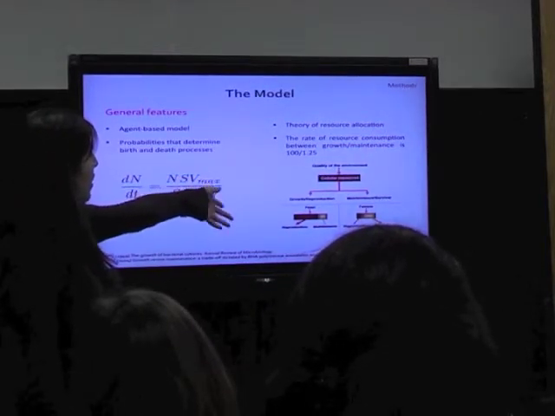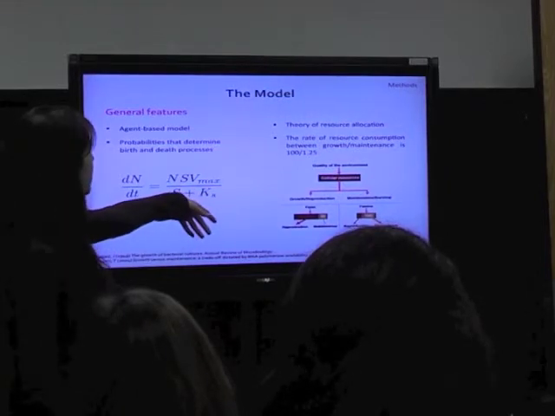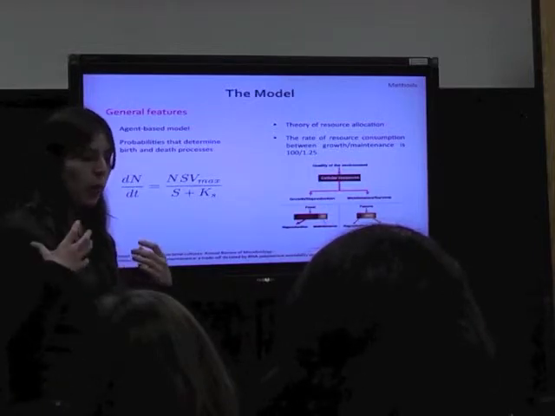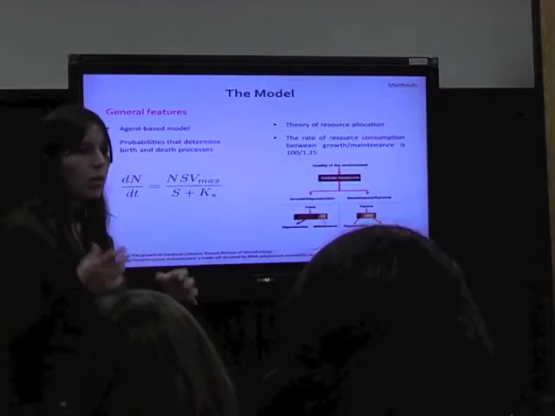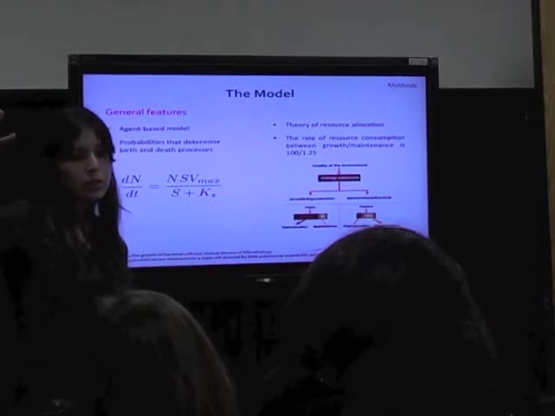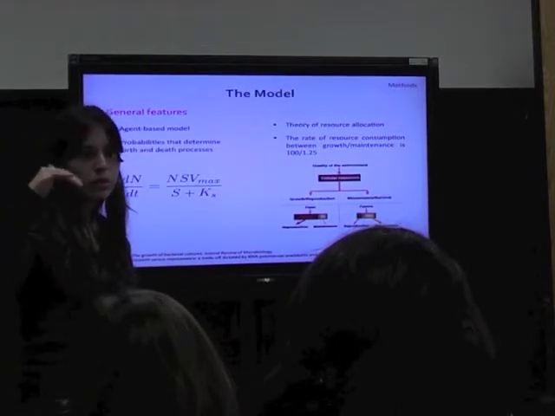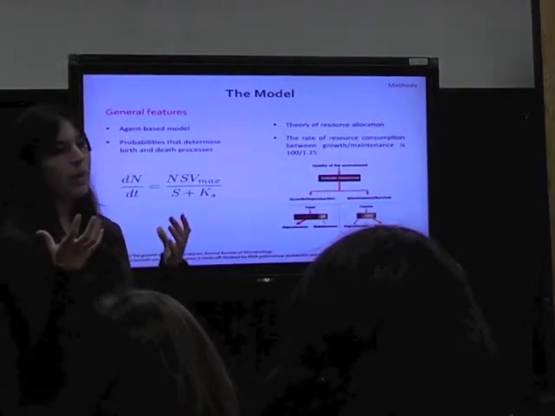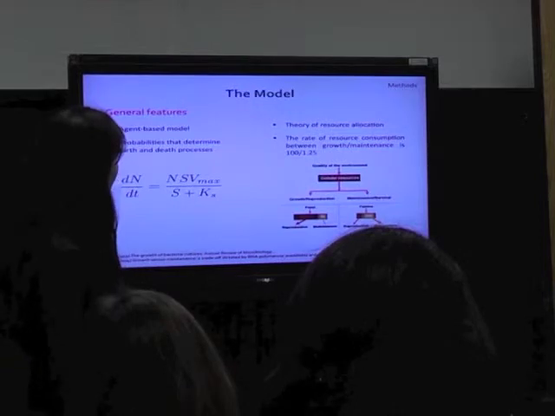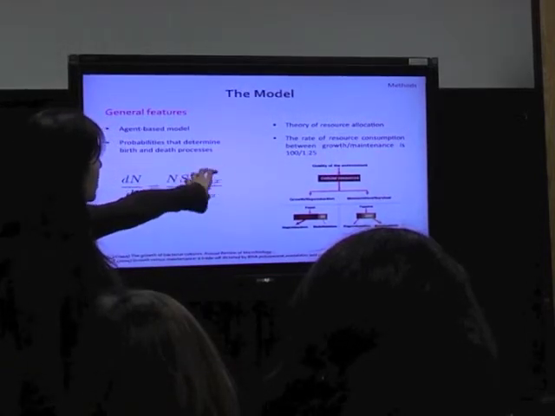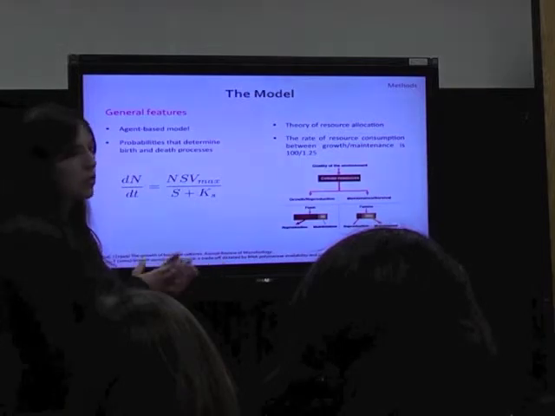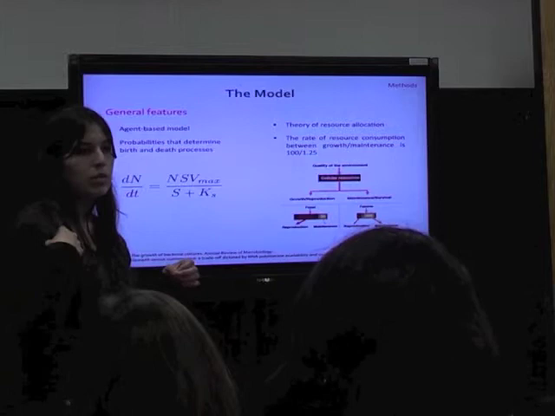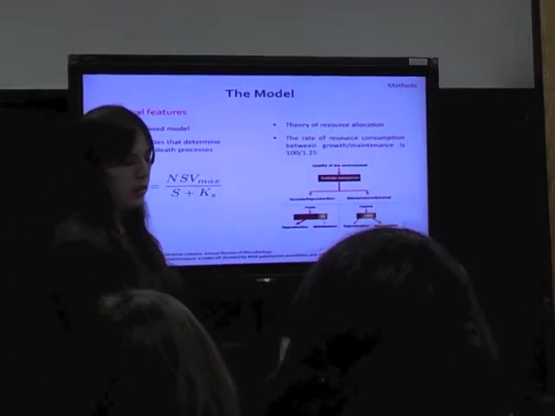Also, we have a theory of resource allocation in which bacteria use more resource for reproduction when resources are in higher concentration, but when resource is in lower concentration, they use their nutrients to maintain themselves, to survive. And also, we consider a rate of resource consumption. So there is a relation between what you need to grow and what you need to maintain the system.